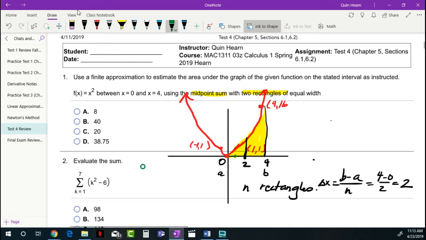Obviously, between 0 and 2, the midpoint is 1, but just so that you know, you're just taking the average of the two values. 0 plus 2 is 2, divided by 2 is 1. So you can do the same thing, 2 plus 4 divided by 2, 6 over 2 is 3. So the point 3 is where we're at the top of the second rectangle.